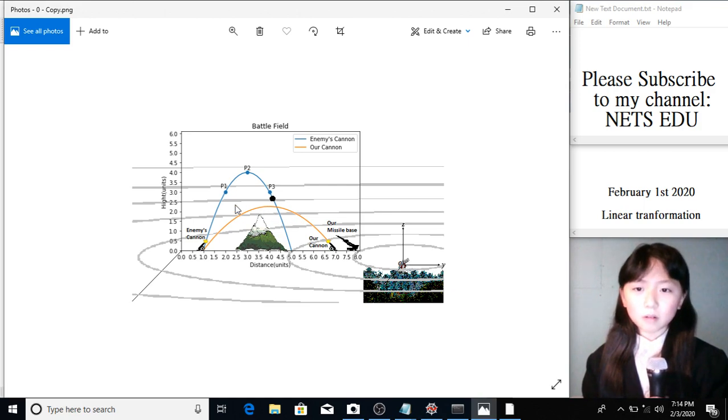The radar will give us the coordinates P1, P2, and P3 relative to the radar coordinates. To find the coordinate for our enemy's cannon and where it will land, we create this imaginary coordinate so that the 3 points all line up with one of the axes.